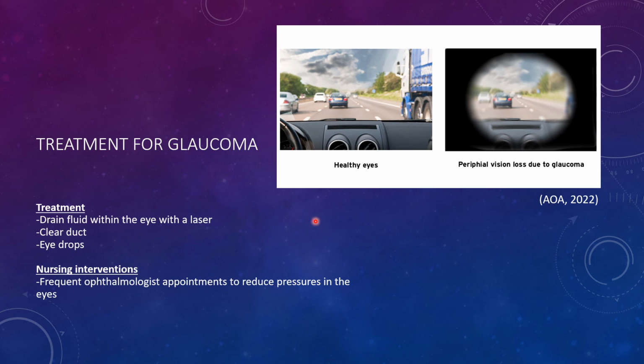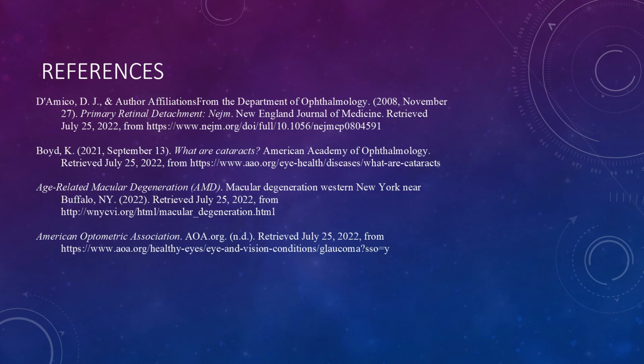This is kind of a common thing for early stages of glaucoma and seen in a lot of individuals. We also want to try to promote the patient seeing ophthalmologists to ensure that any interventions can be done to help reduce the progression of it.